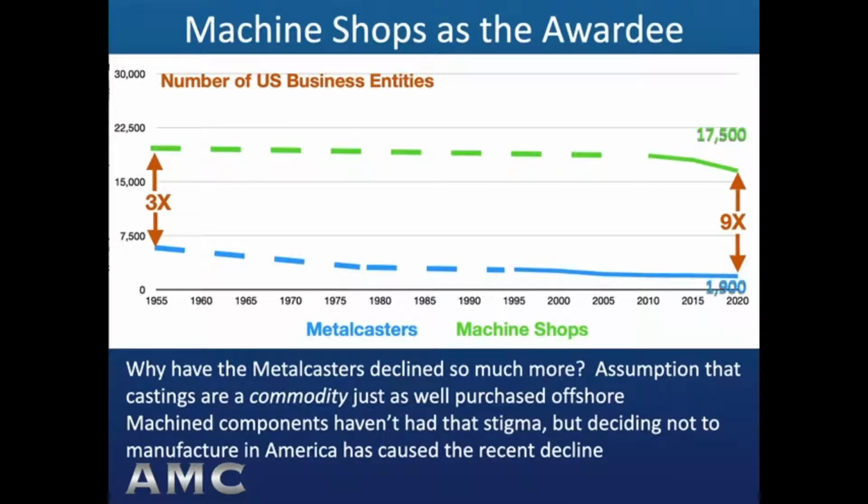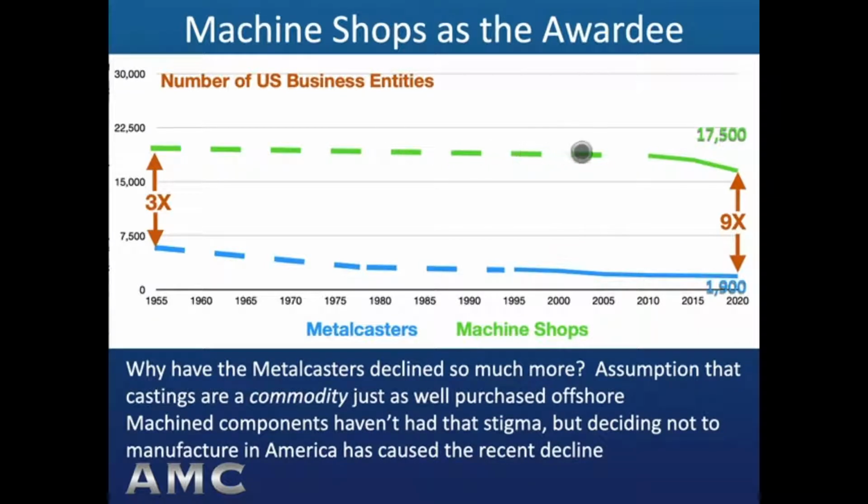In this next chart, one can see at a glance the significant change in the U.S. manufacturing mix from 1955 to 2020. Here the number of foundries has decreased from about 6,000 to about 1,900, whereas the number of machine shops has stayed pretty constant.